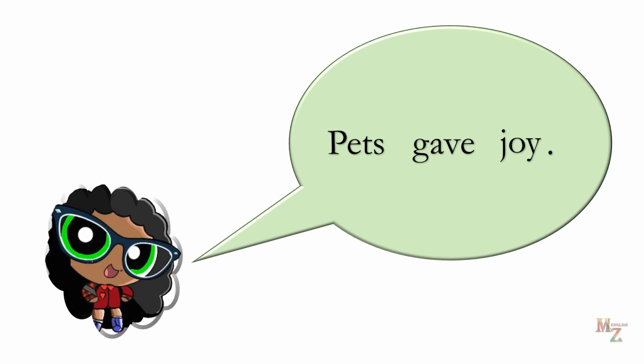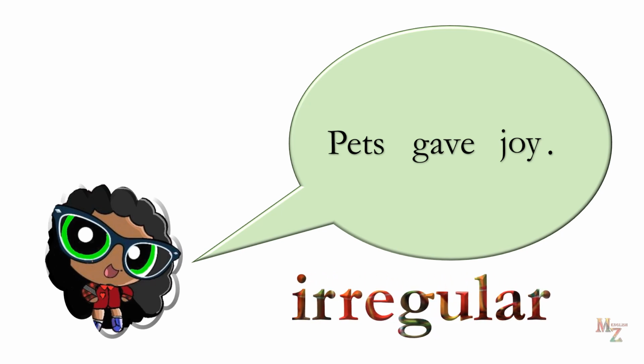Gave. Pets gave joy. While this sentence does not sound quite right, we know that pets always give joy. It is a grammatically correct sentence. Give is an irregular verb.